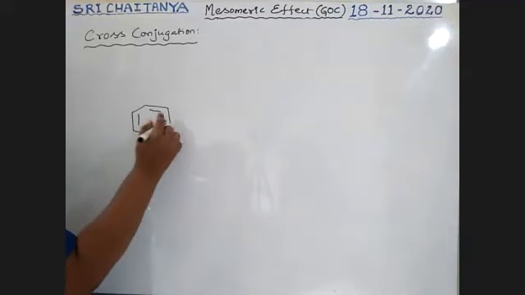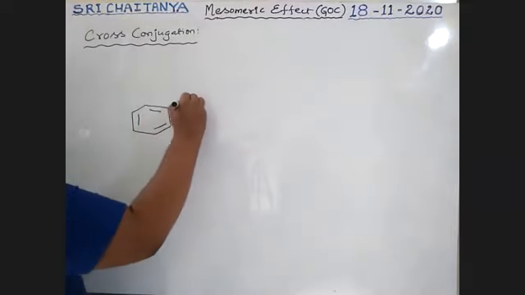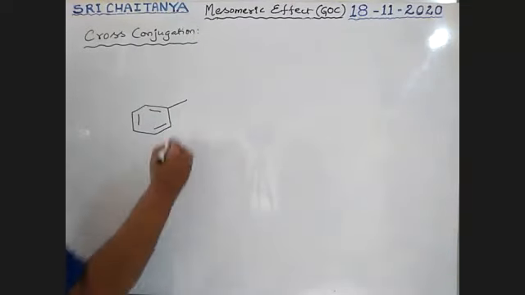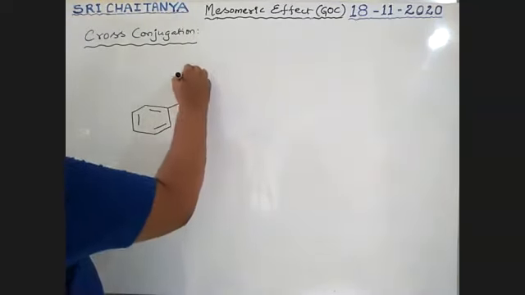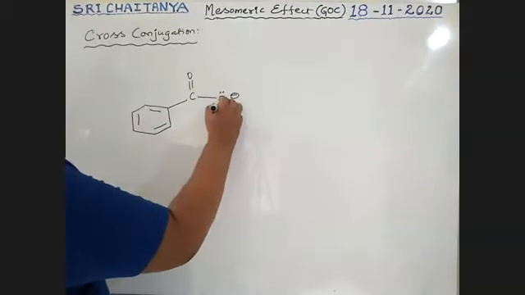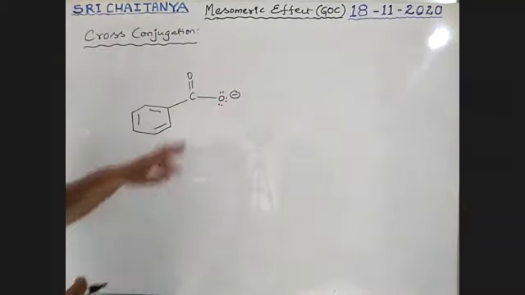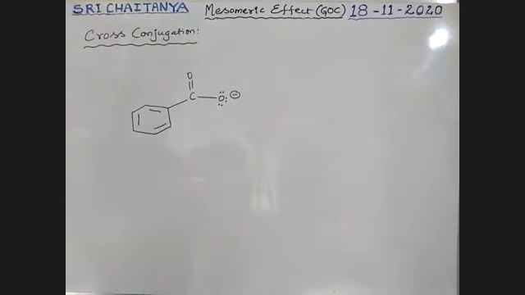So, this is a benzene ring. This benzene ring is bonded to C double bond O minus, where oxygen has 3 lone pairs. It is COO minus. See, boys.